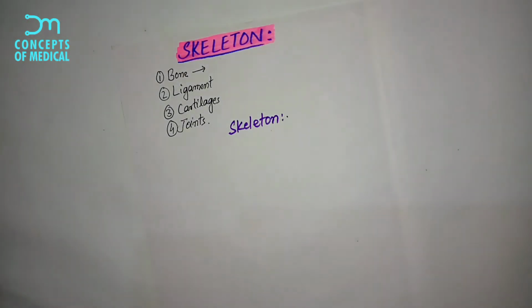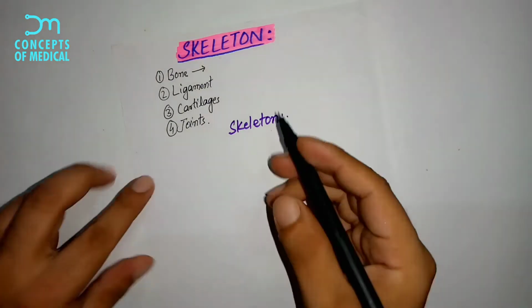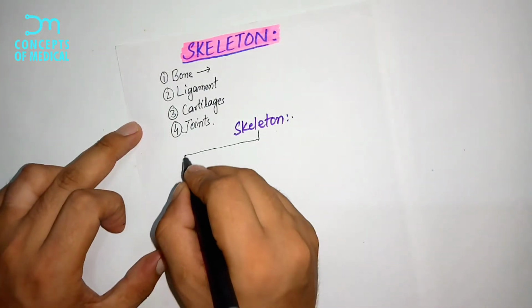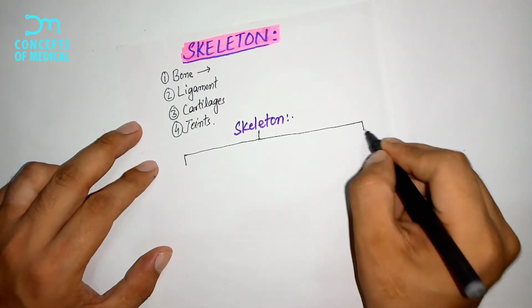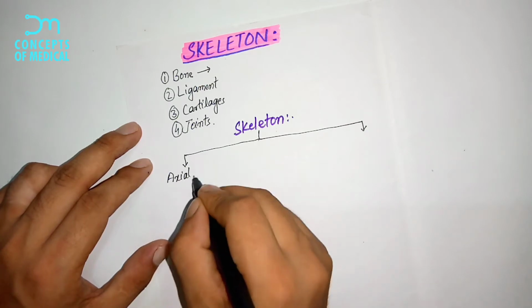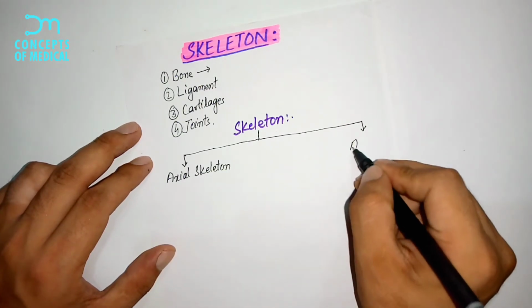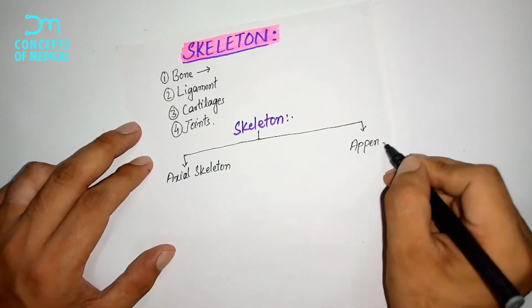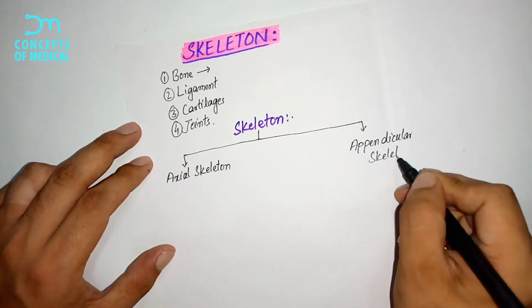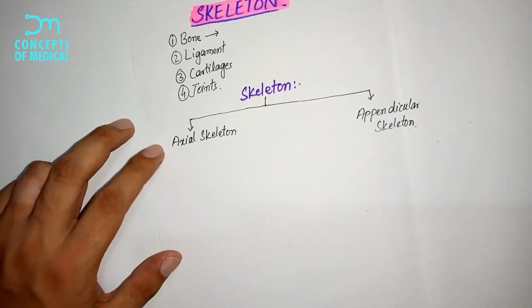The first part is the axial skeleton, and the other is the appendicular skeleton. So what actually constitutes the axial skeleton?